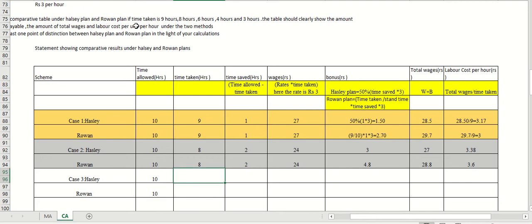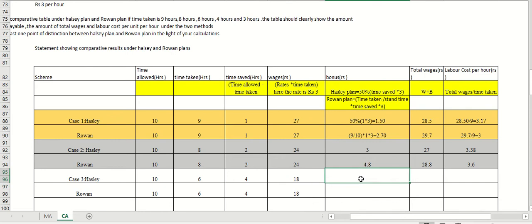So your time taken is 6 hours this time. So your time saved is 10 minus 6, which is 4. So your wages is equal to rate into time taken. Time taken is 6, rate is 3 rupees, 6 3s are 18, and here also it is 18.